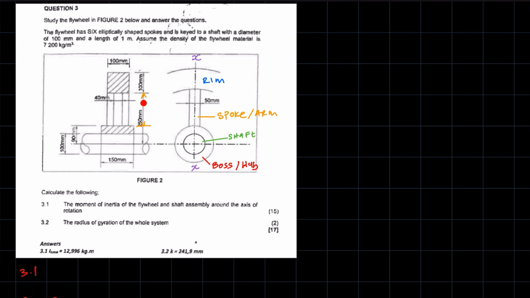Essentially it would be the width, which is this one. If you look at the flywheel from this perspective, coming from that direction, side view, you would get this here, which is the length, which as far as the rim, would be the width of the rim.